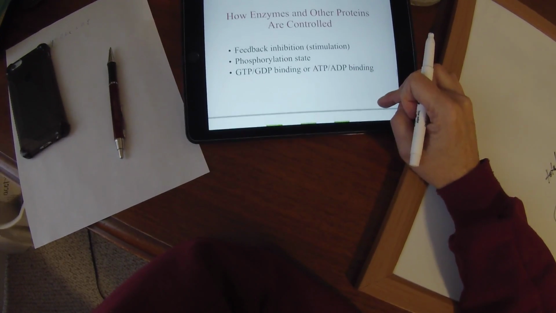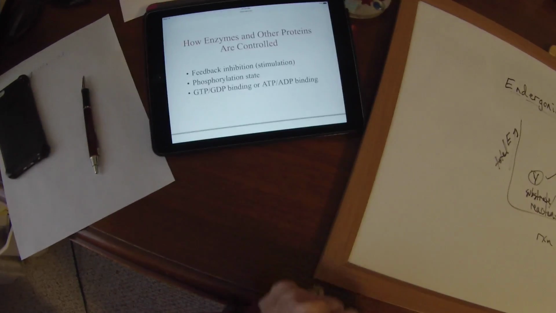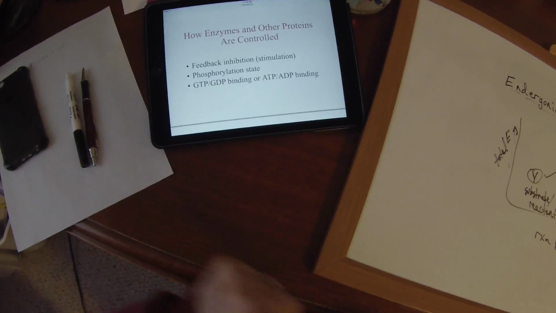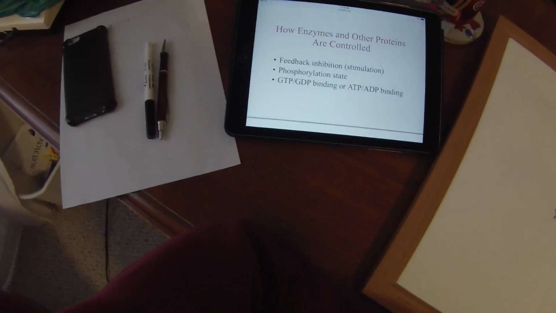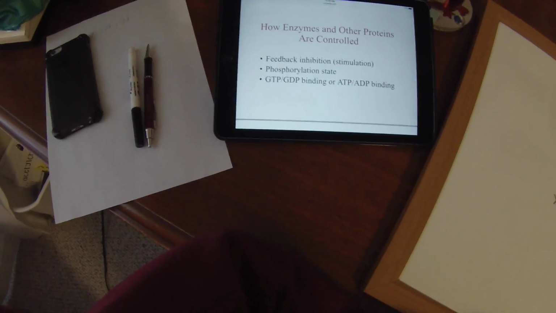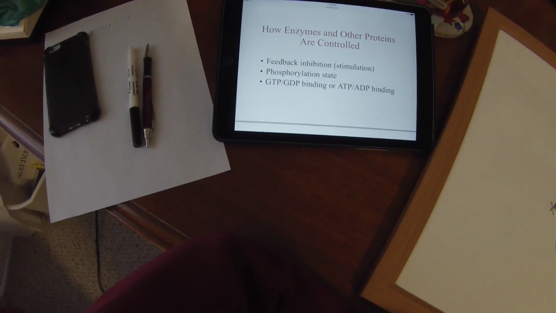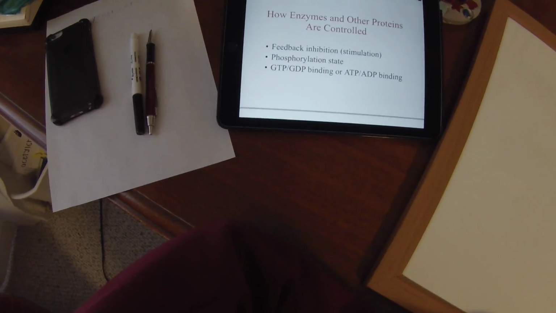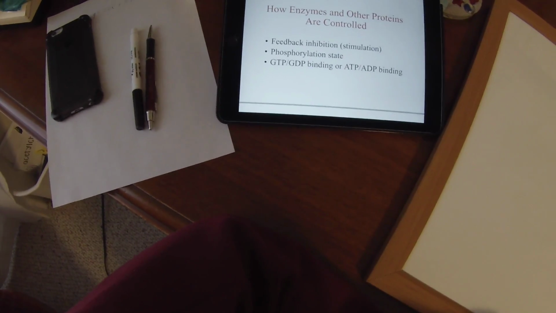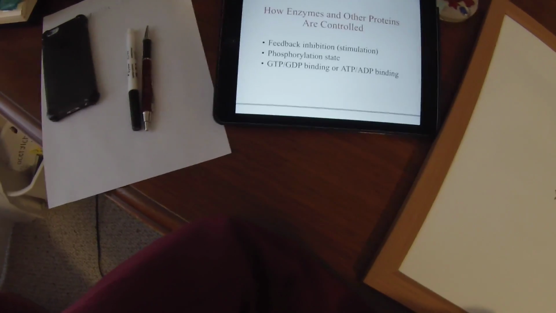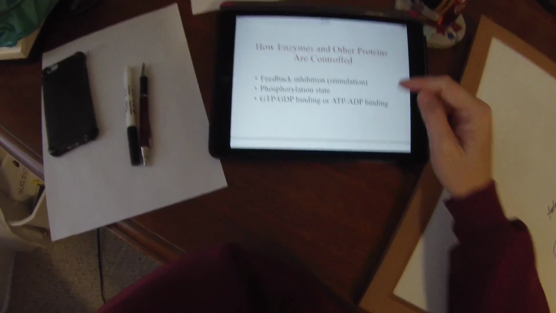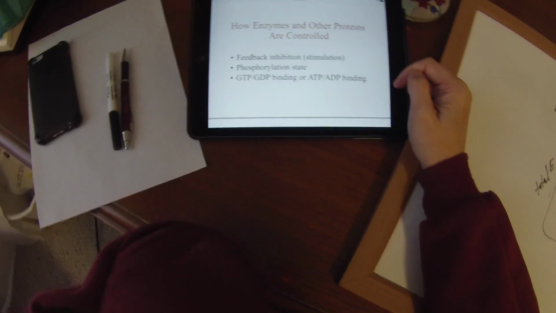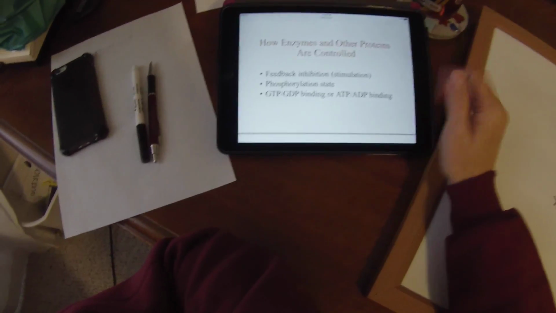So let's talk a little bit about how we control proteins, and because most of the enzymes we'll be looking at this semester are proteins, how we control enzymes. There are 3 ways that we will see over the course of this semester of how we control proteins, how we control enzymes, and by control we mean regulate, whether they're on or off. Feedback inhibition or feedback stimulation, depending on the situation.